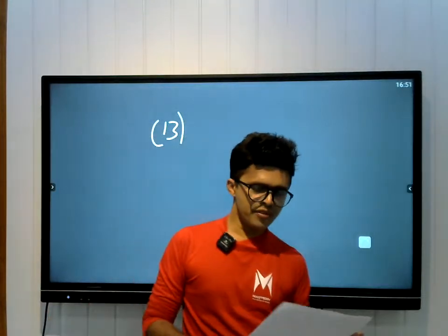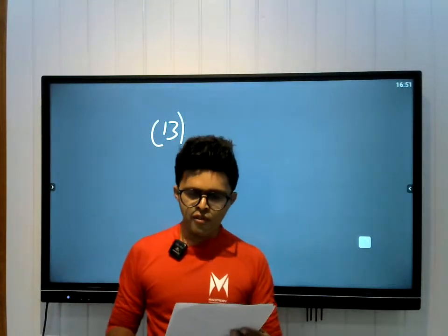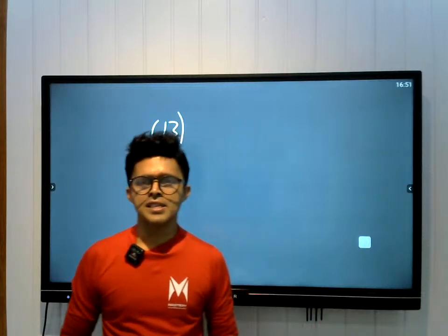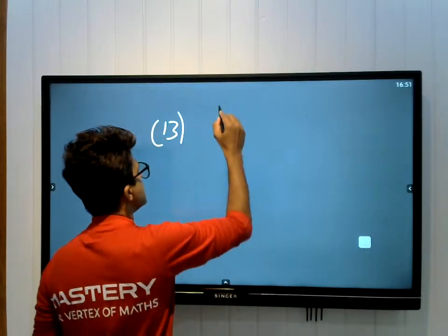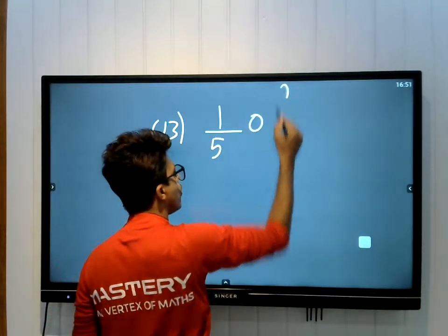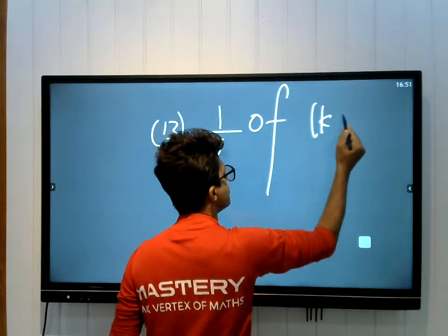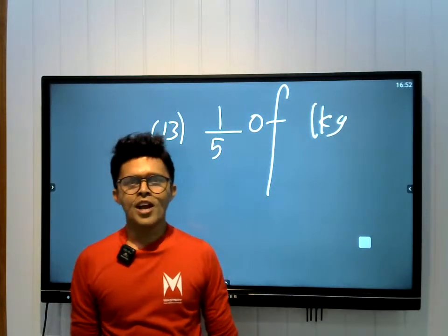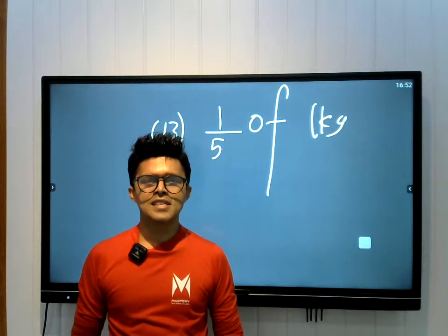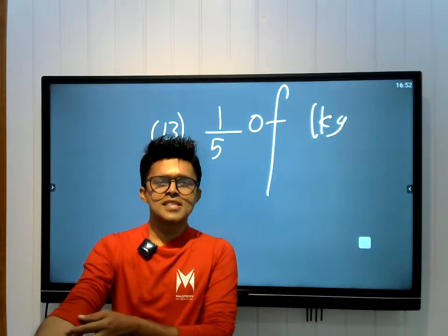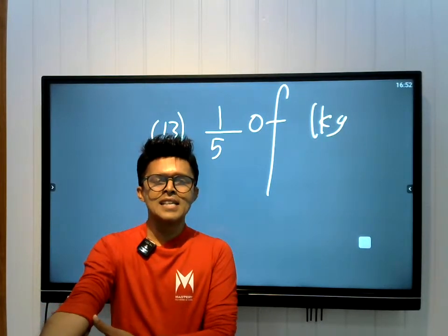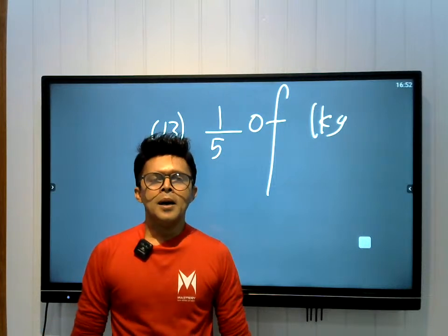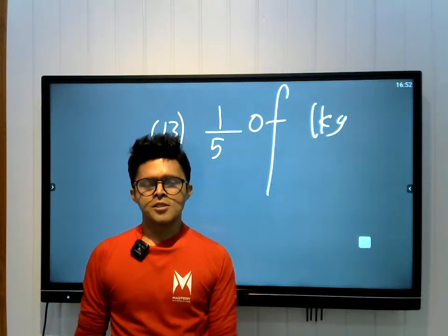Find the value of 1/5 of 1 kg. How can you get 1/5 of 1 kg? Firstly you need to convert this kg into grams.